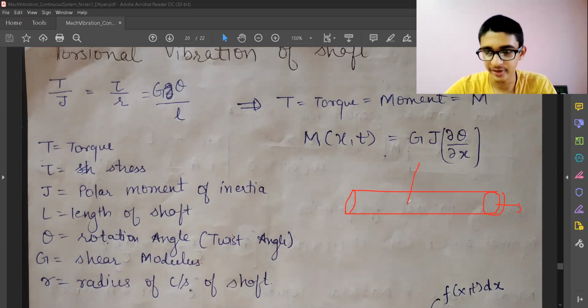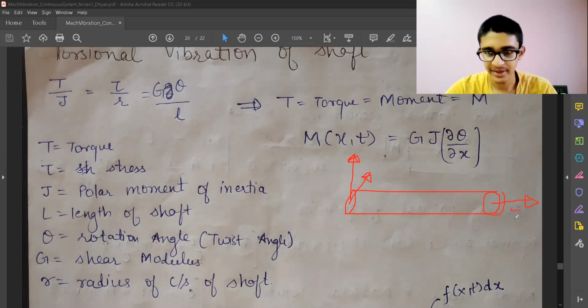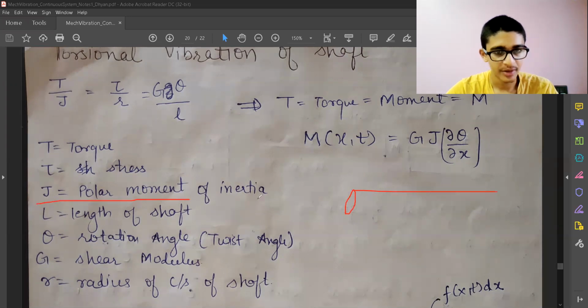This is going upside, this is going on the right, and this is going inwards into my paper. So this can be my z. Then if that is the z, my polar moment of inertia is Izz.